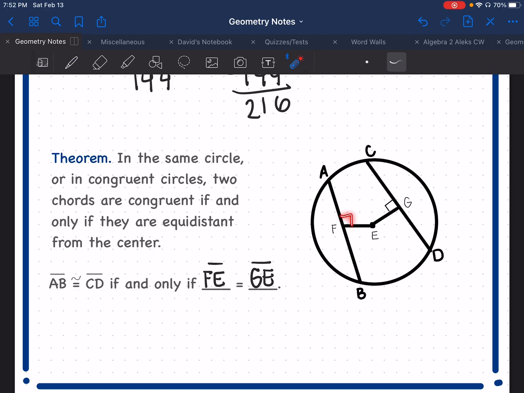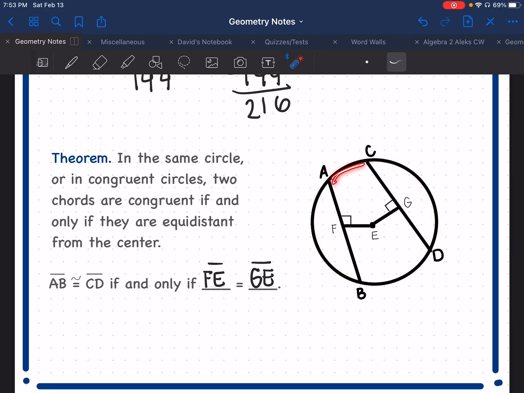Now, some things have to happen to ensure that they are congruent. See these little 90 degrees? They've got to be there to lock E in place and make these two pieces between F and E and G and E congruent. When that happens, then we also know that this arc and this arc are equal. We also know from the previous ones that this chord and this chord are congruent, and then this arc and this arc are congruent.